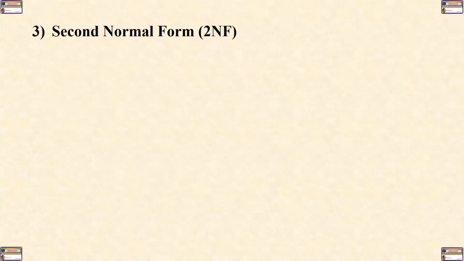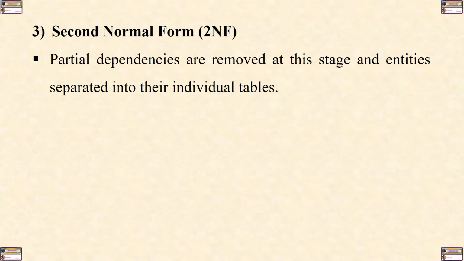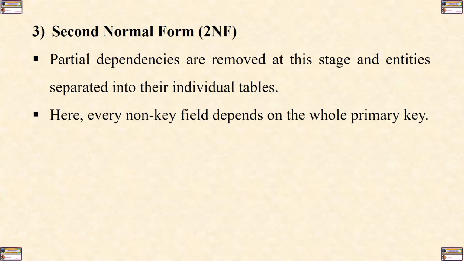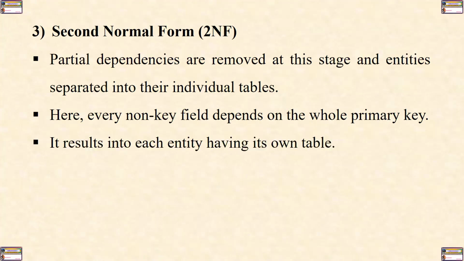Then in the second normal form, which in this case I'm calling stage 3, what we do here is we remove partial dependencies. So partial dependencies are removed at this stage and the entities separated into their individual tables. Here, every non-key field depends on the whole primary key.